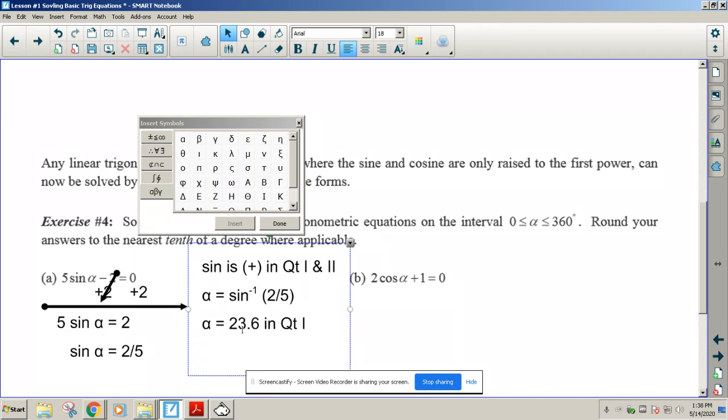If I go to quadrant 2, then that is when I'm going to subtract this from 180. So this alpha is now equal to 180 minus 23.6 degrees. And that gives me 156.4 degrees in quadrant 2.